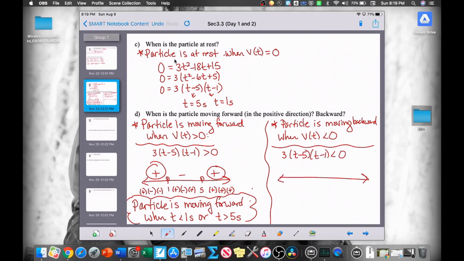Same exact sign chart with 1 and 5, except now we are interested in where our values are less than 0, and we know that that happens between 1 second and 5 seconds. So our answer here is the particle is moving backwards when 1 second is less than t, which is less than 5 seconds.